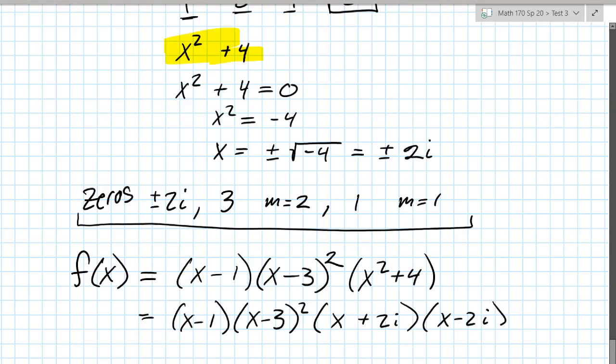Where do we get this x plus 2i and x minus 2i? Well, that comes from here.